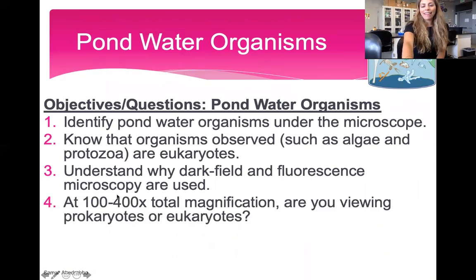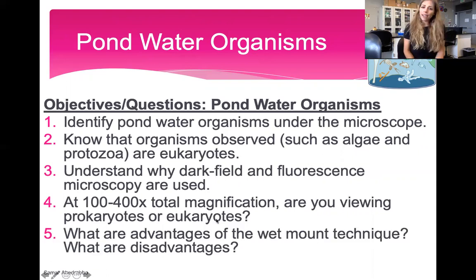Keep in mind that we only are able to see bacteria or prokaryotes at 1000x total magnification, or 100x objective magnification, because they're so small. And then finally, I want everyone to know the advantages and disadvantages of the wet mount technique that we talked about. So just keep all these things in mind.